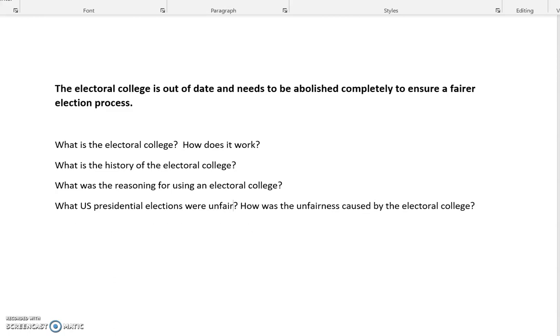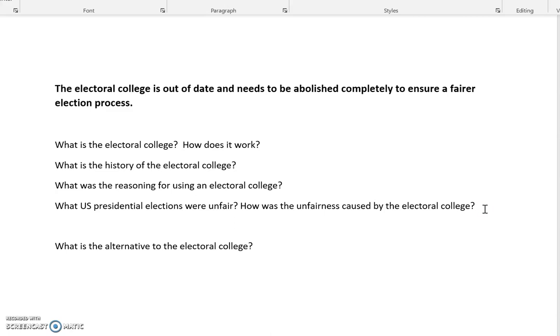Now let's talk about the solutions, right? So really, you need to talk about what is the alternative to the Electoral College? Now, I think that traditionally it's been thought that in order to get rid of the Electoral College, we would need to pass a constitutional amendment, which is a big deal.